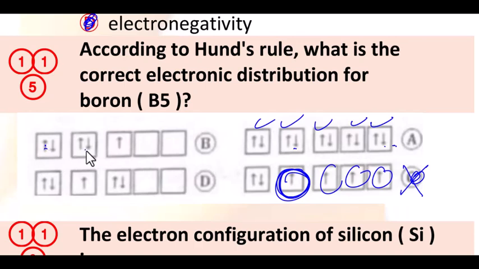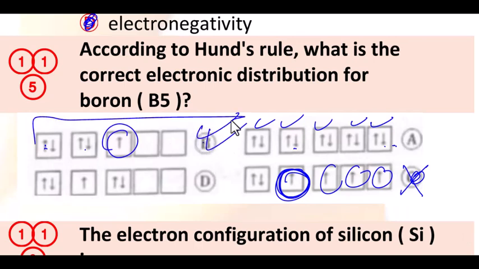Here S has 2 electrons, B has 2 electrons, and there is one single electron in B, so the most correct one is B. The answer is B. For A, no need for Hund's rule. And here it said barium 5, so 1, 2, 3, 4, 5, just 5 electrons. Here A does not have 5 electrons.